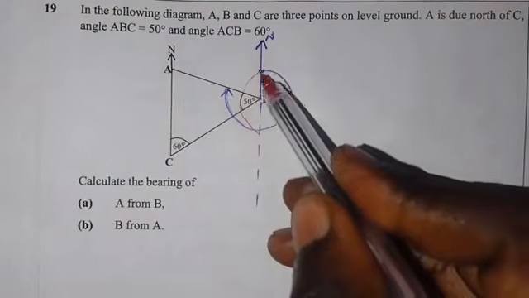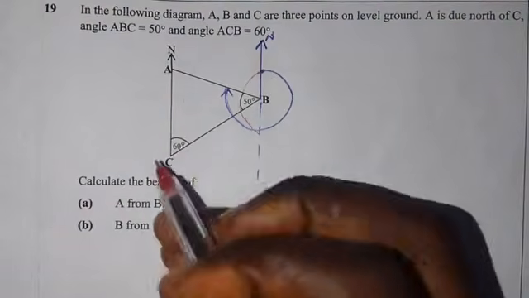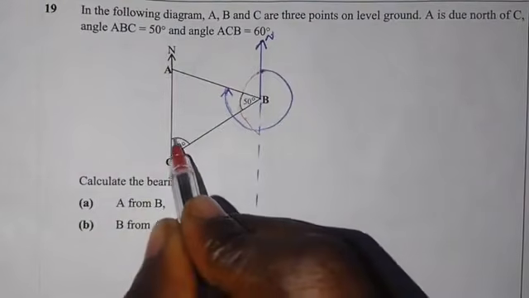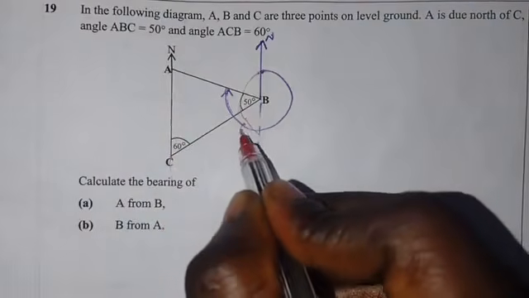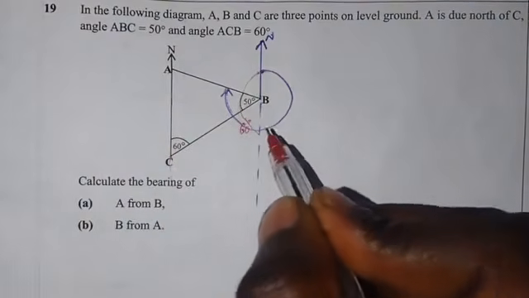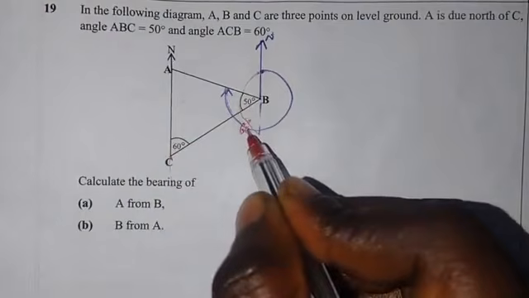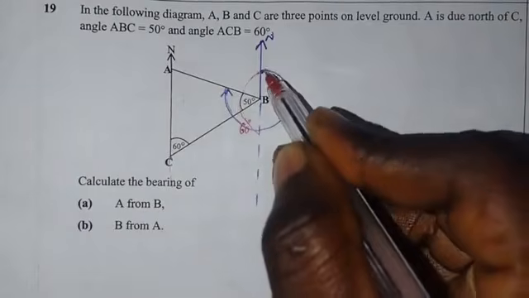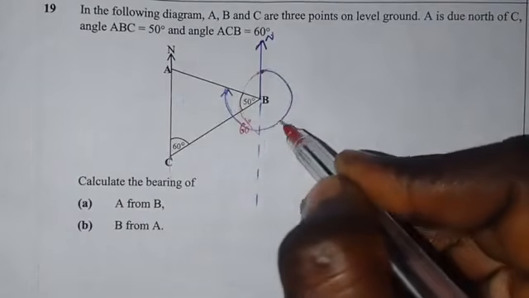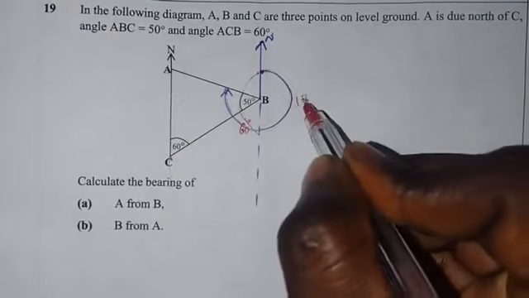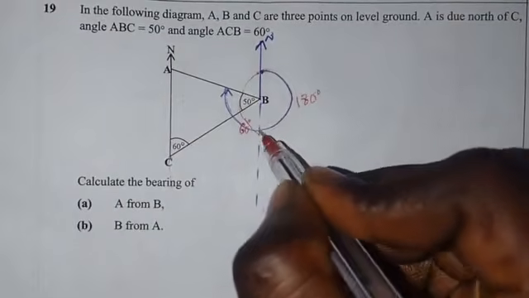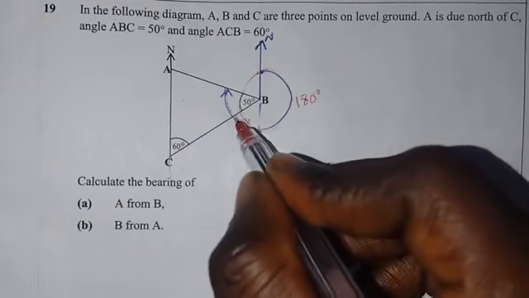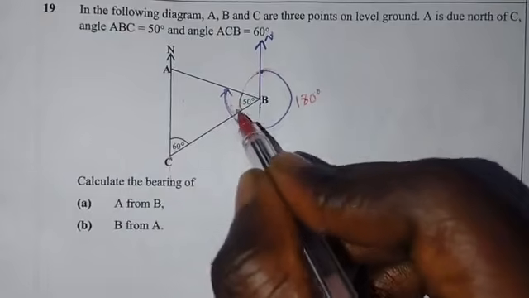Now what we are going to do is this. This will give us 180. Remember this is a north as well. If I extend, this is the north, so this angle and this one, there is also a 60 degrees right here. So we just want this angle right here. Again, this is a straight line. This is also a straight line. So this is 180 just from here to here. To find now this remaining angle, we have a 60, we have a 50.